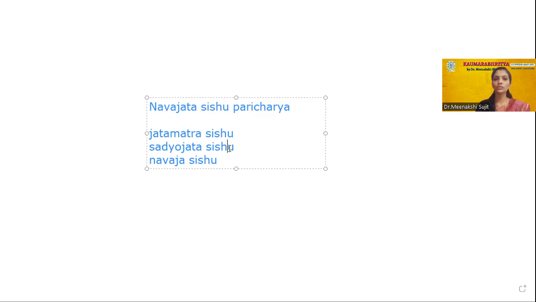And Navajata is the baby from birth till 120 days, known as Navajata Shishu. So these all 3 categories will be explained in Navajata Shishu Paricharya.